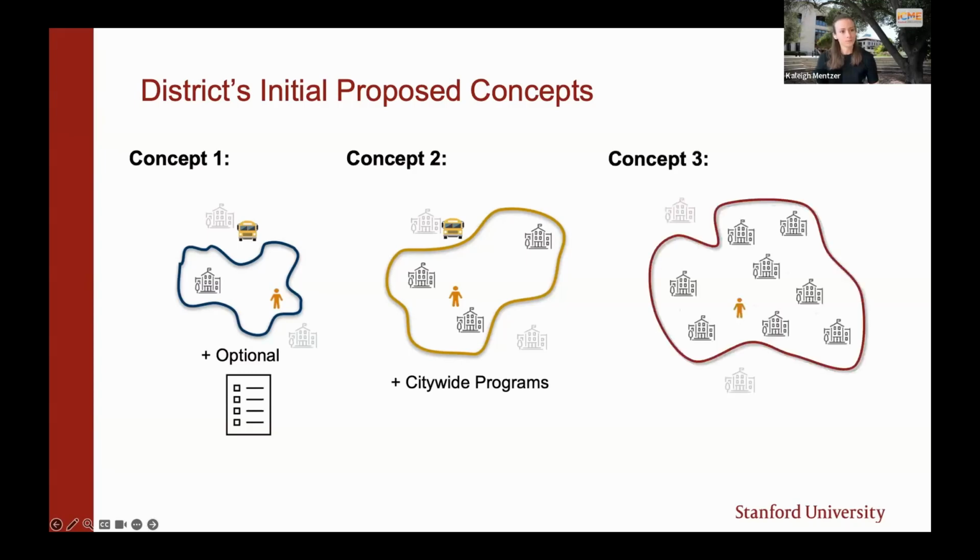And then the third concept was larger zones. So these would be, I forget the exact number, but let's say 8 to 10 schools in each zone. And you would have all of your choice restricted within this zone. So all of your options would be within your geographic zone.